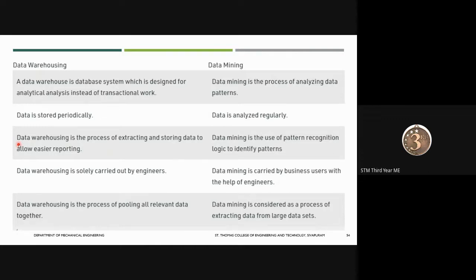So instead of that, if you are storing it in one particular system or a particular storage location, you can recall that data from that point. Okay, that is the function of data warehousing. While under data mining, it uses pattern recognition logic to identify patterns. So the same type of work, or the relationship between the work, or the relationship between the data itself, can be located by data mining. So it is always determining pattern recognition.